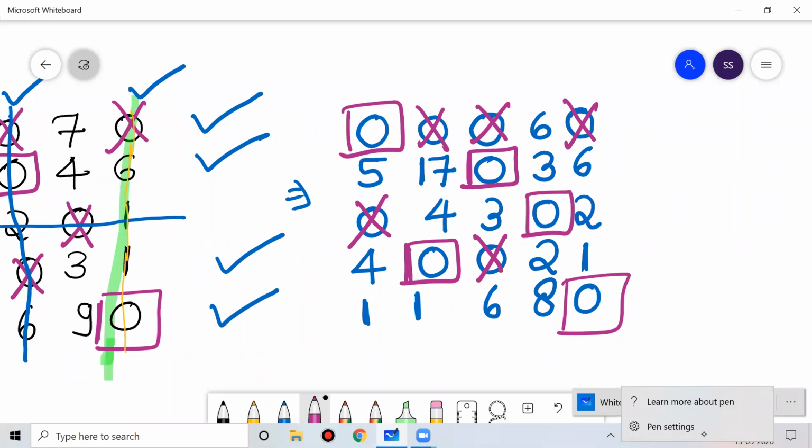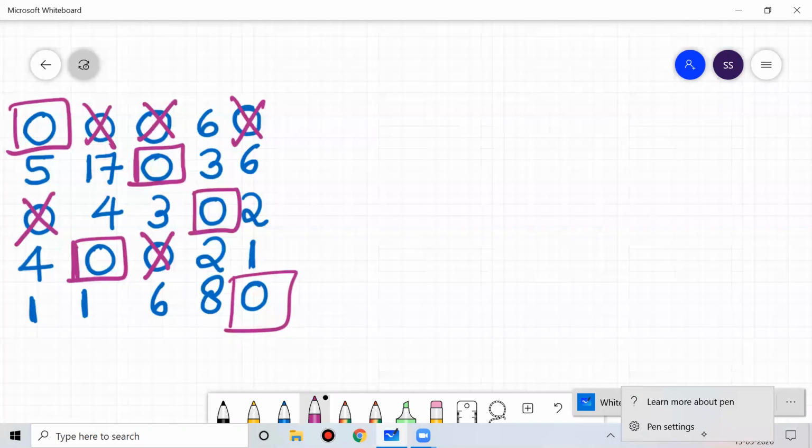These are the steps you need to go through to solve this problem.